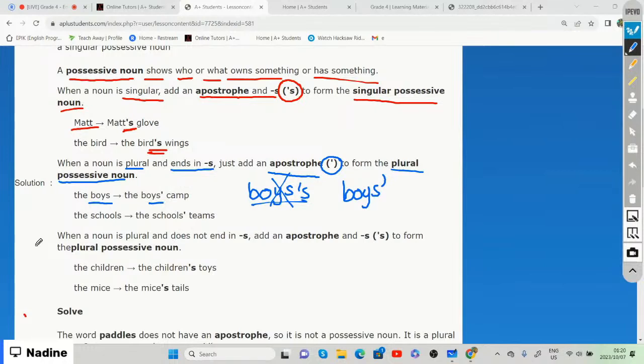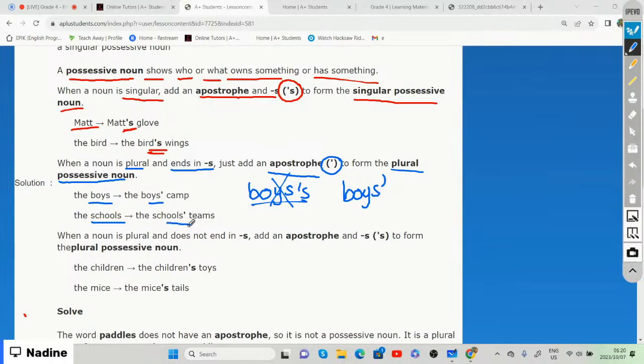The schools, referring to more than one school, and it ends in an S. So we can say the school's team can be the rugby team, netball team, volleyball team, badminton team, football team, softball team, right? And there we say the schools' teams.